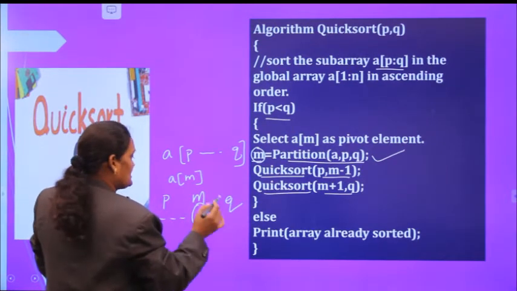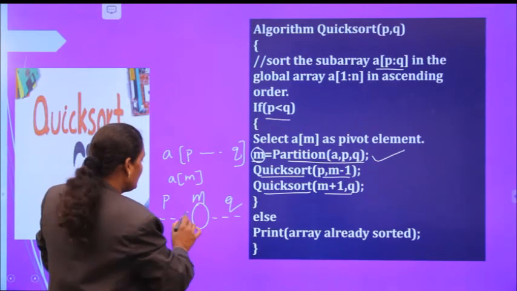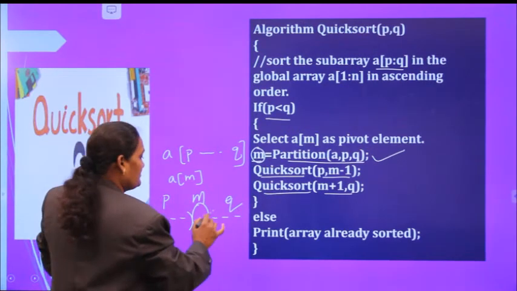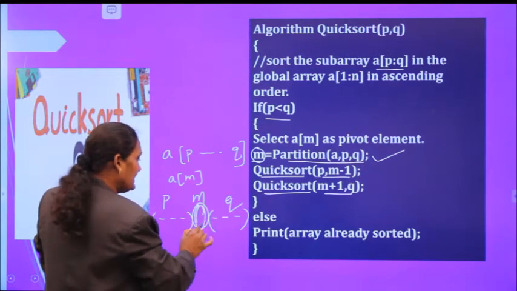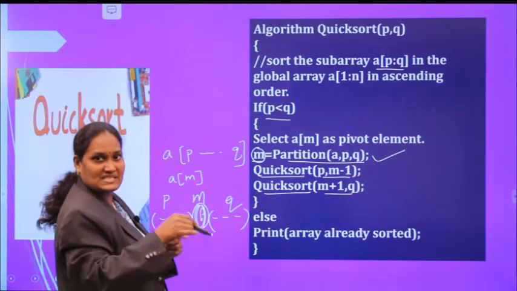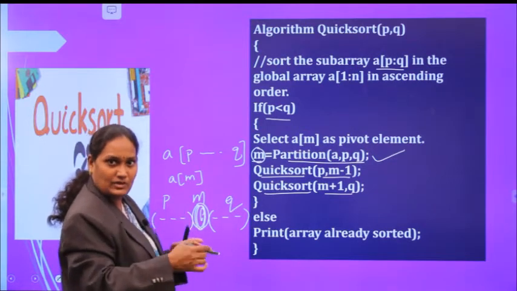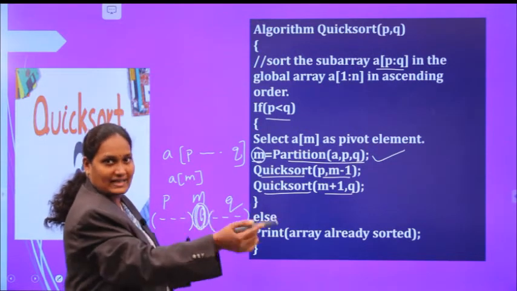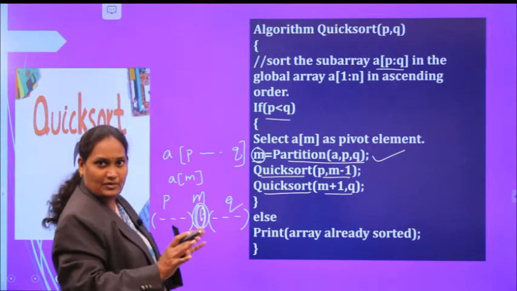Some elements are present before the pivot and some elements are present after the pivot. This becomes one subarray and this becomes another subarray. Since the pivot is already rearranged, it is present in its correct position, so there is no need of considering the pivot in the left subarray or the right subarray. No need of considering the pivot element in the process.